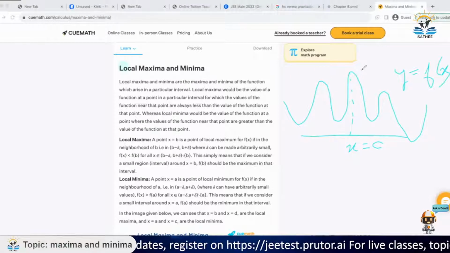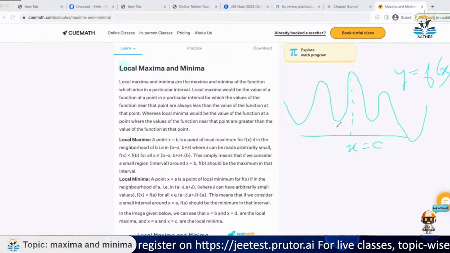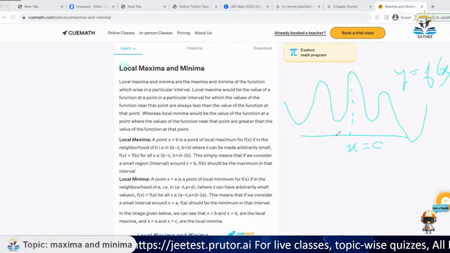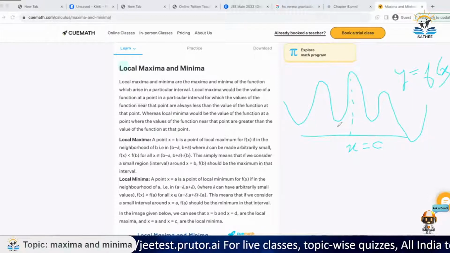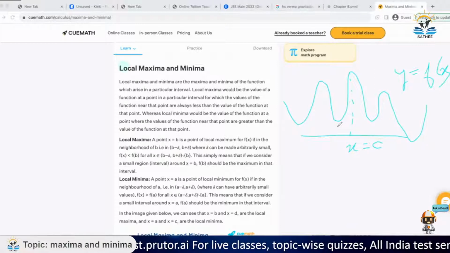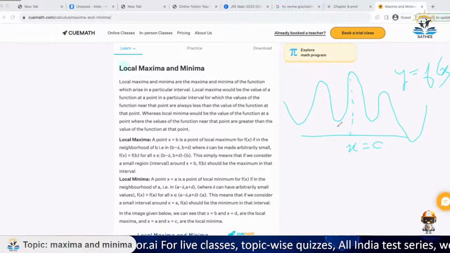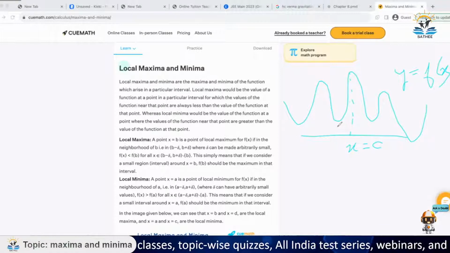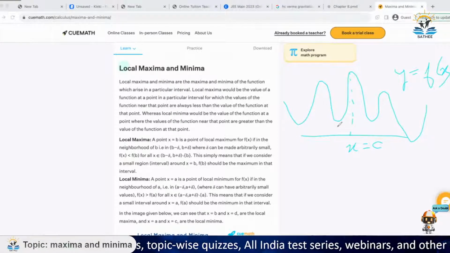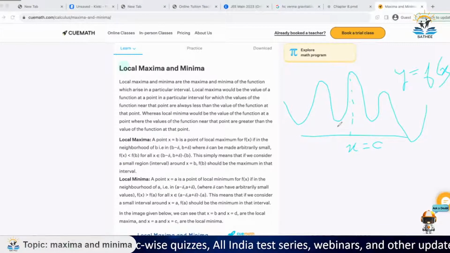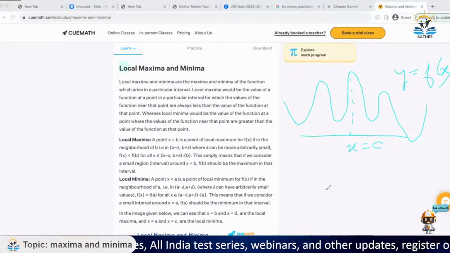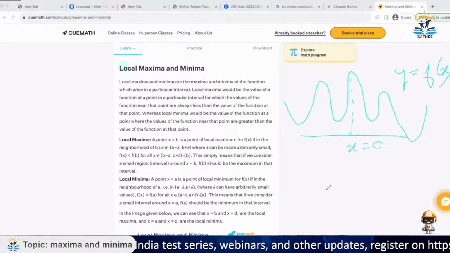Similarly, suppose this is a point x is equal to b. Here we go to a point x is equal to b minus delta, and we see a point x is equal to b plus delta, where delta is a small number.